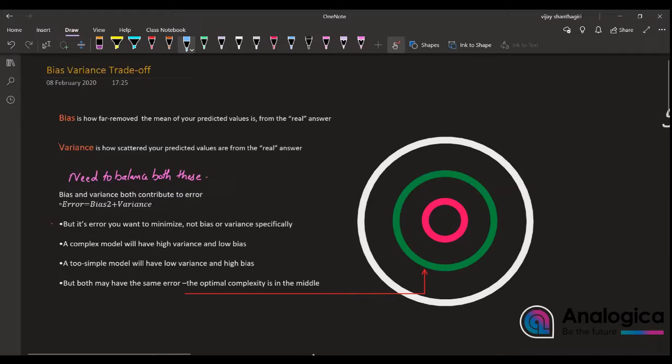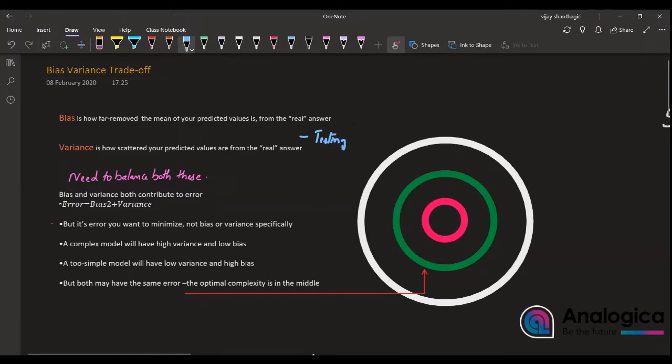Bias is how far removed the mean of your predicted value is from the real answer. And variance is how scattered your predicted values are from the real answer. Both your bias and variance are calculated on how your model performed over the testing data.